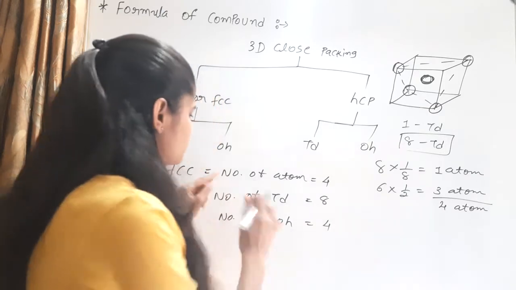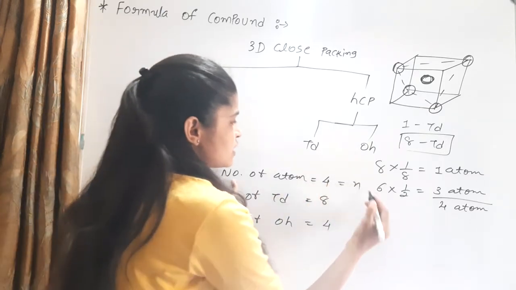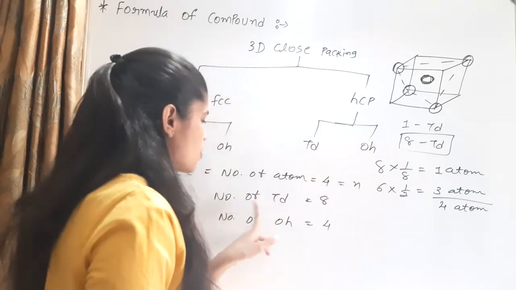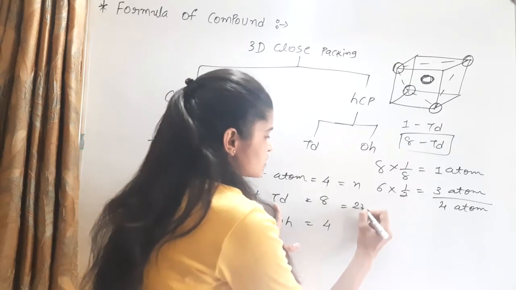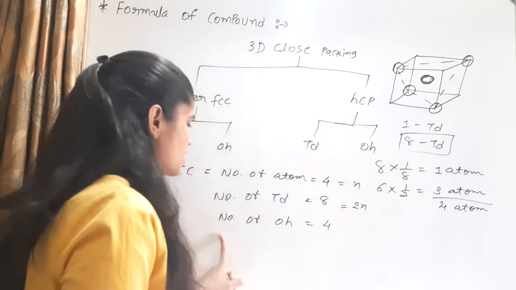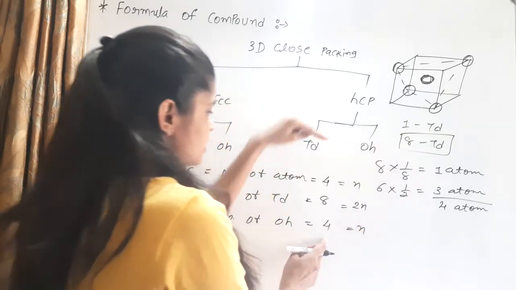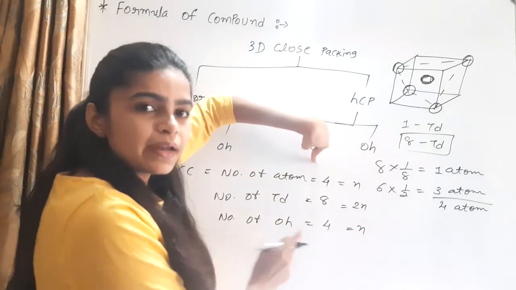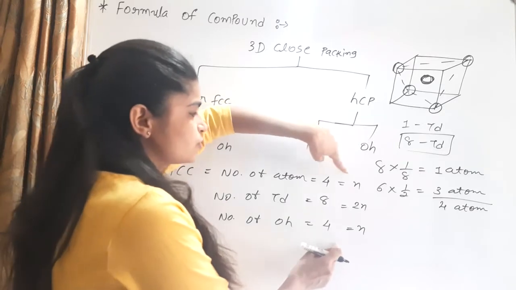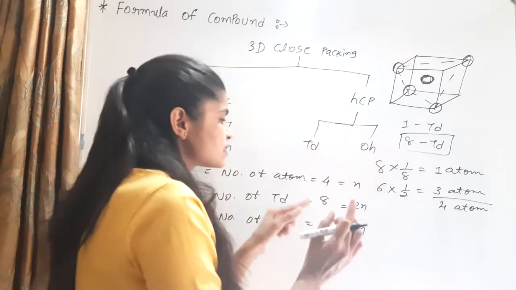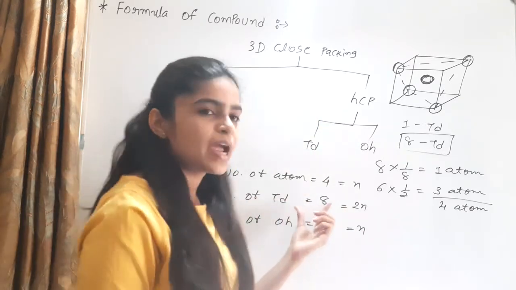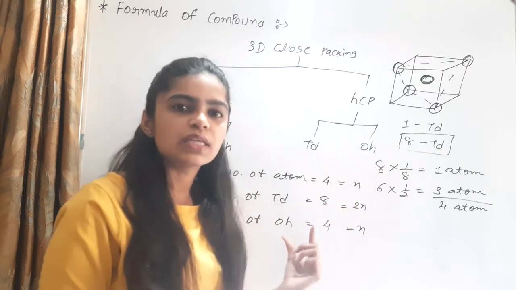For example, if we consider the number of atoms as n, the number of tetrahedral voids is 2n, and the number of octahedral voids is n, because the number of atoms and octahedral voids is the same. So the number of tetrahedral voids is twice the octahedral.